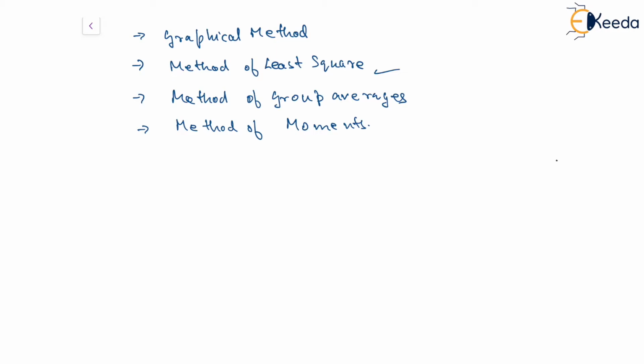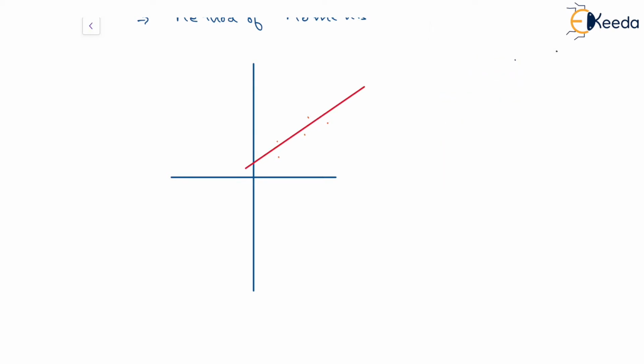So the understanding is that we may have certain points on the xy plane, and we need to find a straight line, let's say this one, which gives the equation which will have the least error in terms of the actual values and the values which come on the straight line.